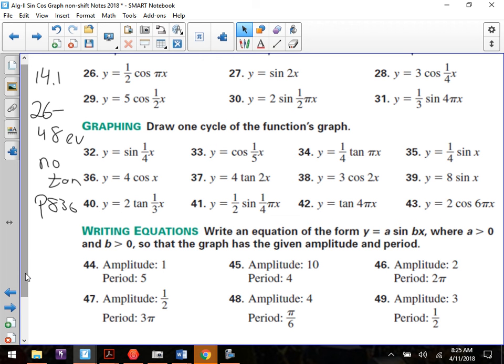Don't do anything that says tangent. For example, 42 says tangent, don't do it. 40 says tangent, skip that. All right, so that's what we're looking at, and try those out.